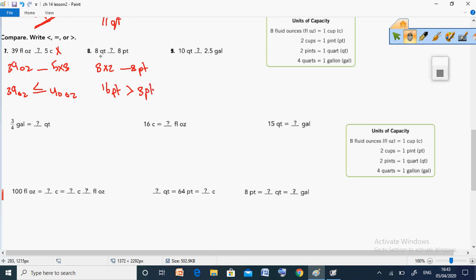Look here, quarts to pints: quart is greater than pint, so inside each quart we have 2 pints, so I multiply. Here the same, from quarts to gallon, I will take the larger one. I will put 10 quarts, or 2.5 times 4. Look here, 10 quarts is equal to 10 quarts after converting.